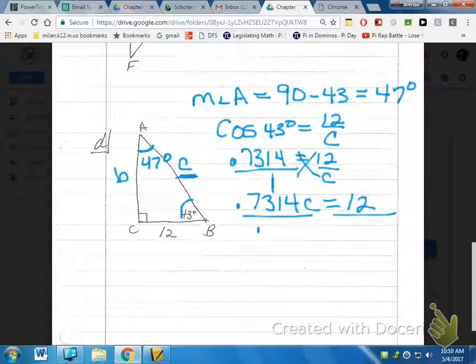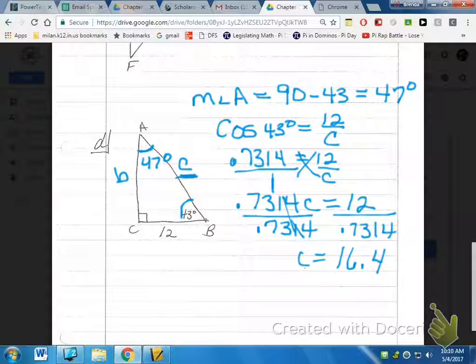Divide both sides by 0.7314. And I would get 16.40, so we're going to say 16.4. It doesn't have a unit of measure, so we're just going to say 16.4. Okay, questions about that?